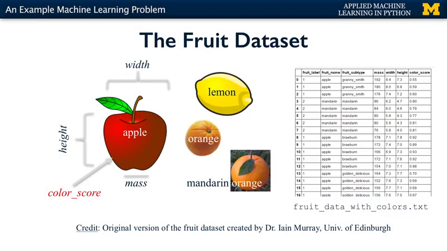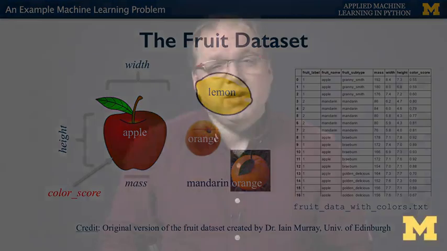This dataset is called Fruit Data with Colors.txt, and it's included in the folder of materials that you downloaded for this course. Now, you might think that fruit prediction is a sort of silly and impractical scenario, and given the limited nature of this dataset, it is a bit of a toy example, but actually food companies do indeed now rely on machine learning systems that aren't all that different in concept from the ones we're about to build. They can do automated quality control.